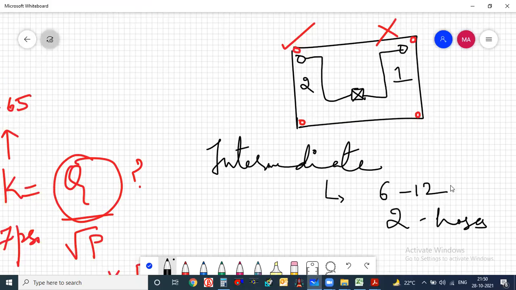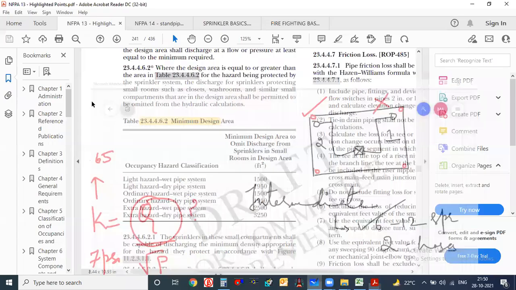Sometimes we don't bother about that 1500 square feet area, but we bother about 6 to 12 sprinklers. We check how many sprinklers are coming in the longest route or in the most remote place. But as per NFPA 13, it is given that the minimum design area we have to select is always 1500 square feet. But sometimes it happens, sometimes it doesn't happen.